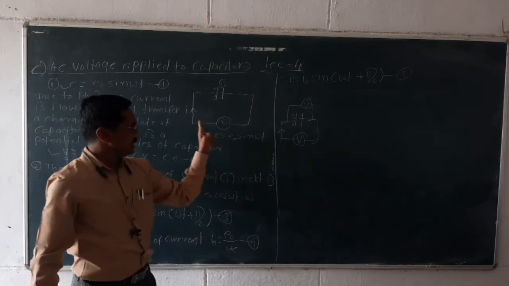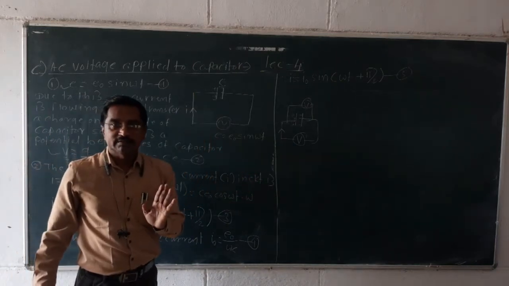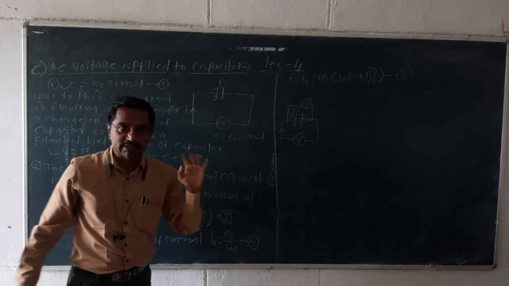I in the circuit. Now if you get the charge, how do you get the current? The rate of flow of charge is called the current.